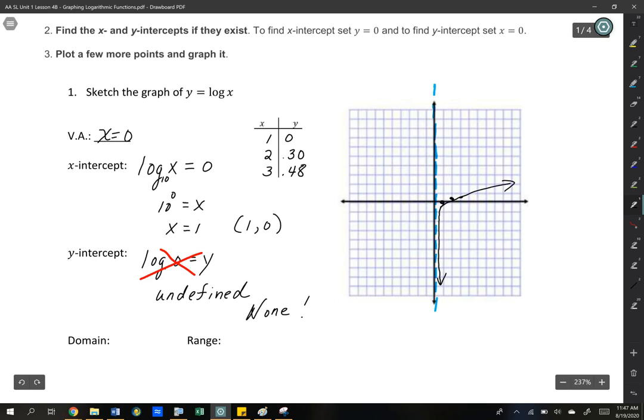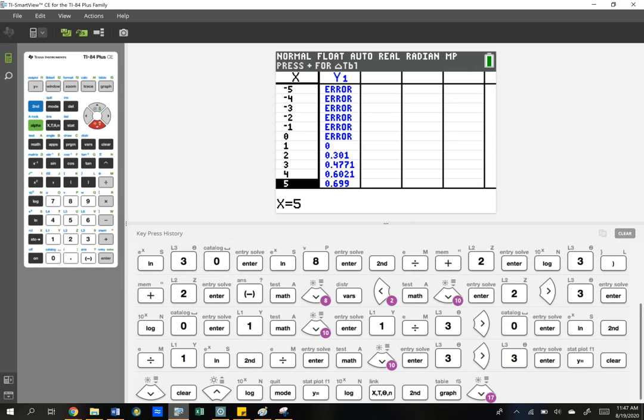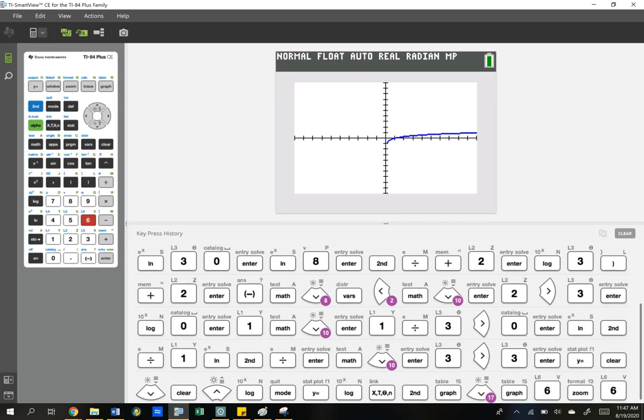Now be really careful, because if you were to look at the graph on your calculator, it looks like the graph kind of stops right here, but it doesn't. It continues infinitely, getting closer and closer to the vertical asymptote, but never touching it. So be careful when you do your graph.